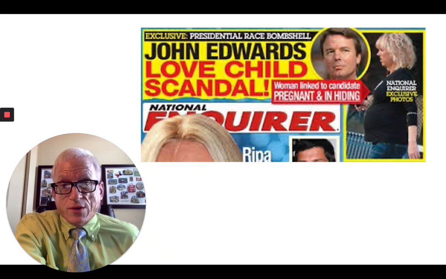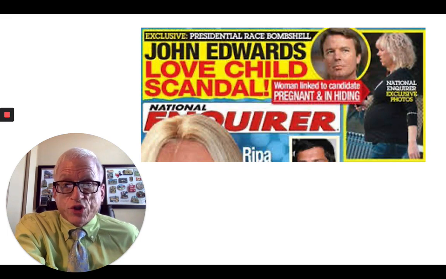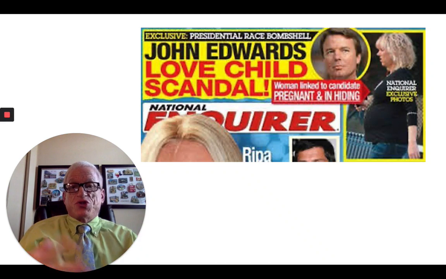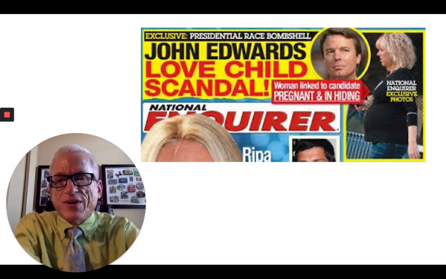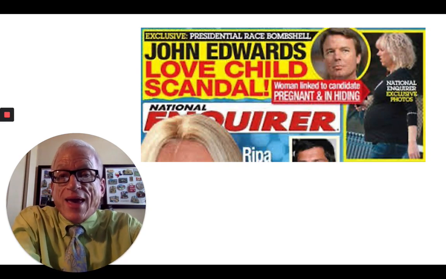This is one of the earlier pictures before she'd had her baby that they kept posting on the National Enquirer page, and people were kind of like, yeah, this looks fake, nothing's happened. And the National Enquirer finally got a picture of him holding the actual baby that had been born, and nobody cared. Like crickets.